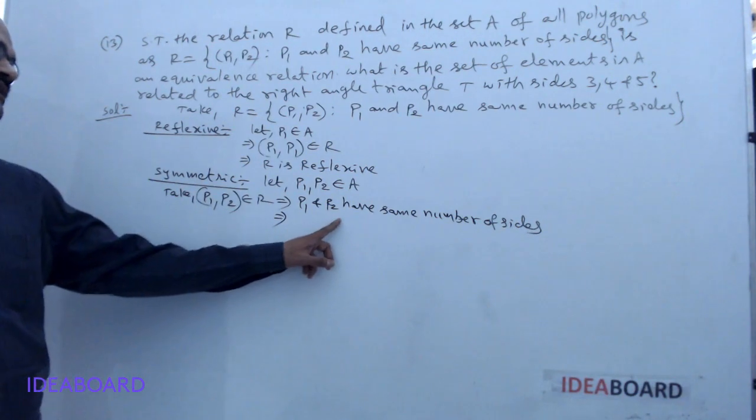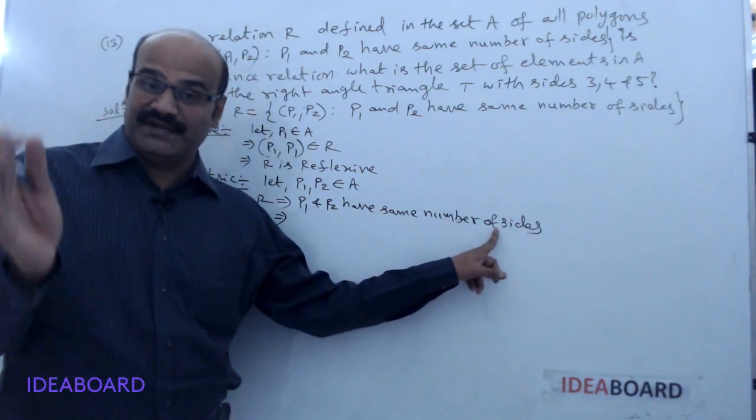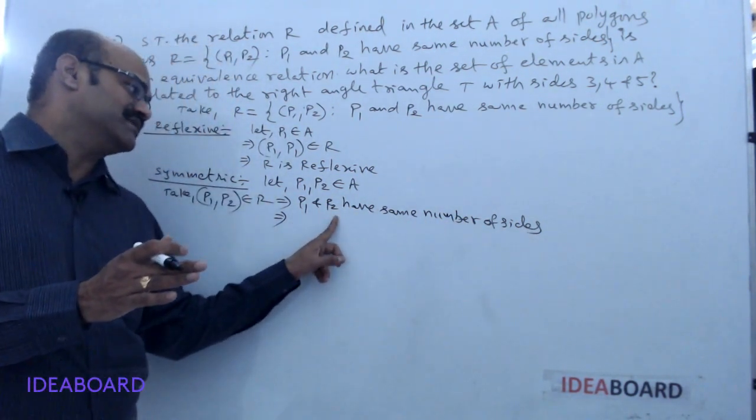Whenever P1 and P2 have same number of sides, P2 and P1 also have same number of sides.